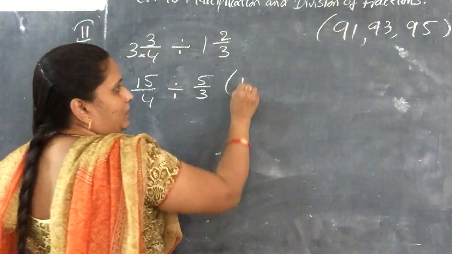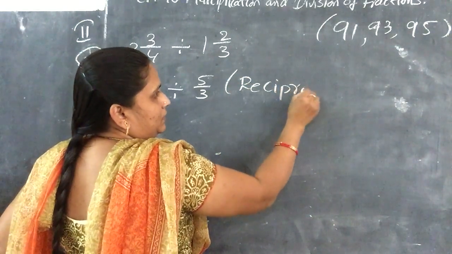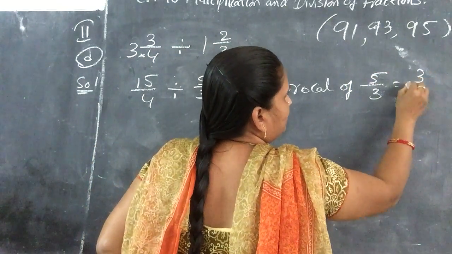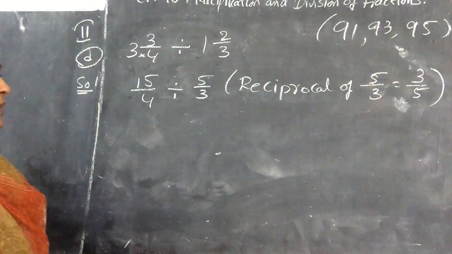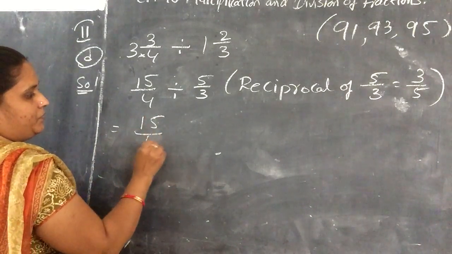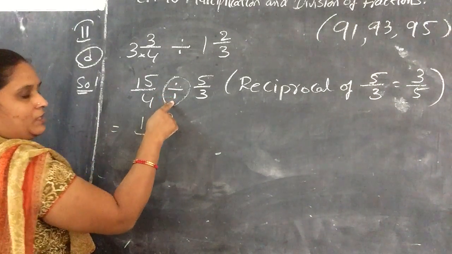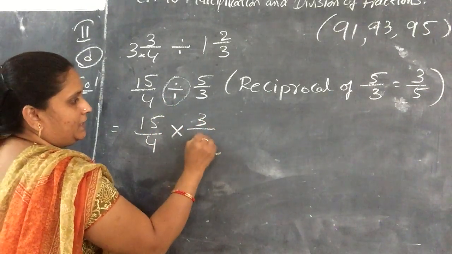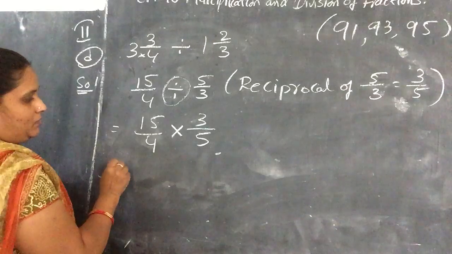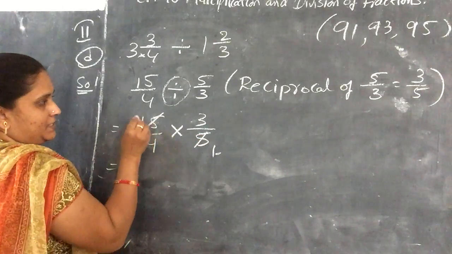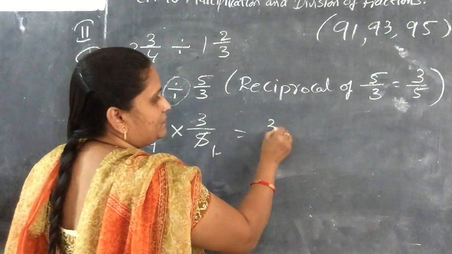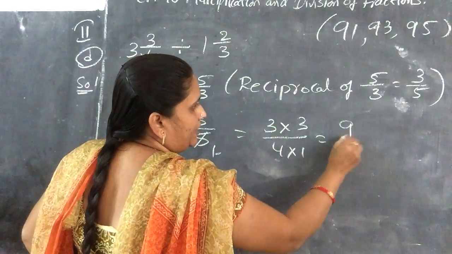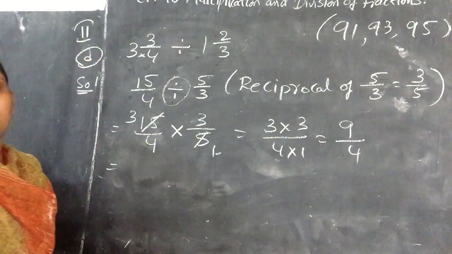Now the reciprocal of 5 by 3 is 3 by 5. Reverse. Now 15 by 4, and when you write the reciprocal, the division symbol becomes multiplication, and 3 by 5. Now 5 ones are 5, 5 3s are 15, and the remainders will be 3 3s and 4 into 1. 3 3s are 9 by 4 ones are 4. That is the answer.